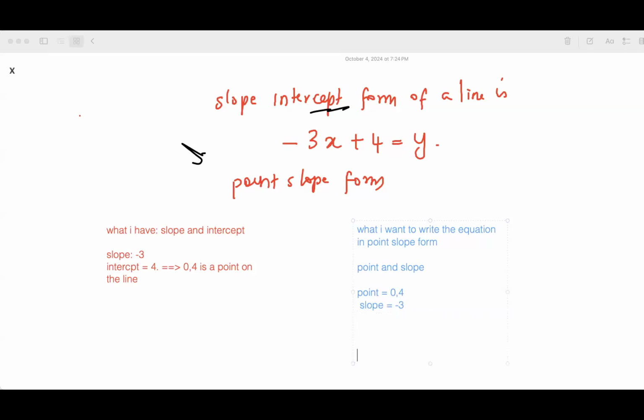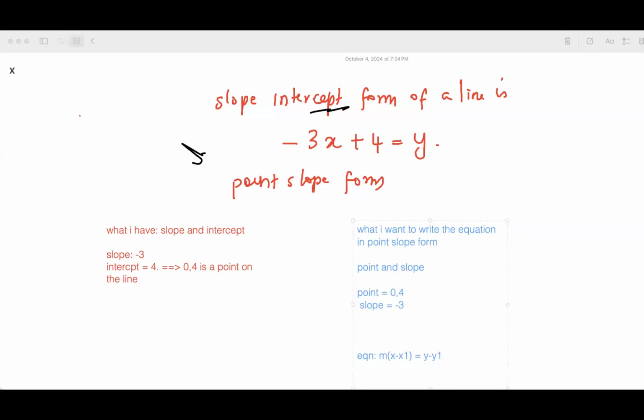Now, the equation in point slope form. How do we write it? It is x minus x1 will be equal to y minus y1, with m multiplying.